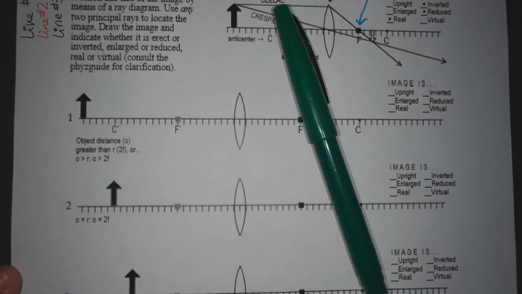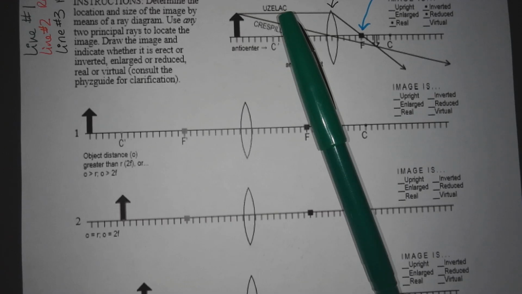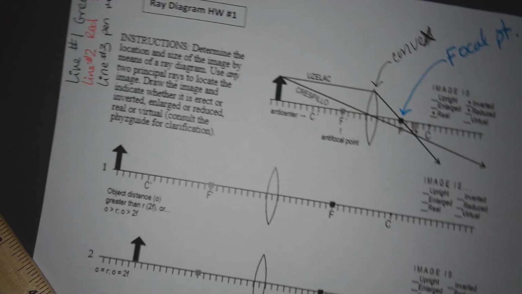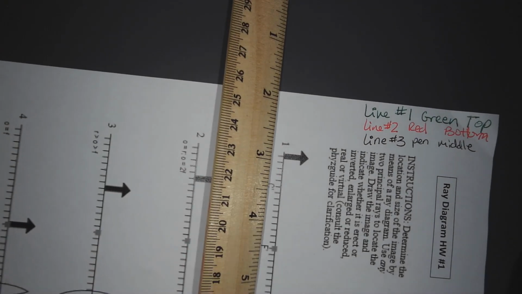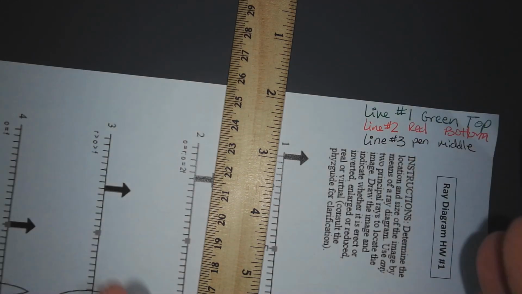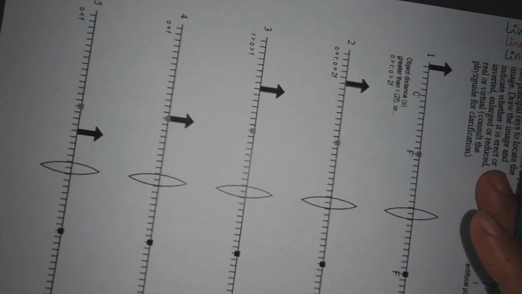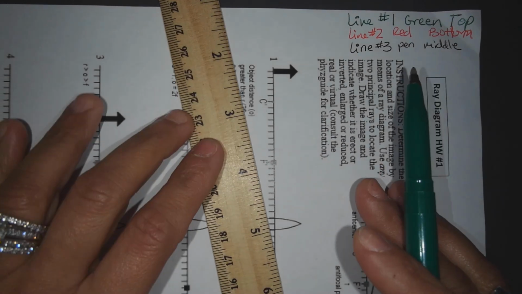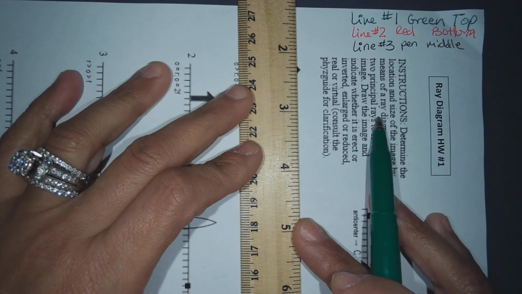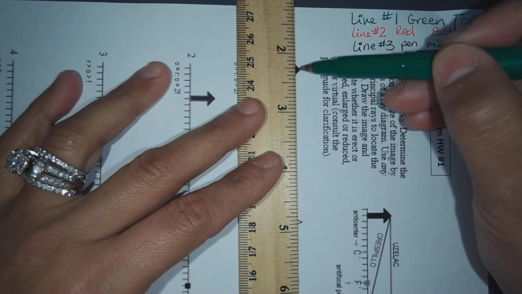Let's go ahead and start off with line number 1, which is always going to be green for us, okay? The way you always draw line number 1 is you're going to get a ruler to help you. Whether it's number 1, 2, 3, 4, 5, 6, 7, or 8, you are always going to have the first or the actual object.